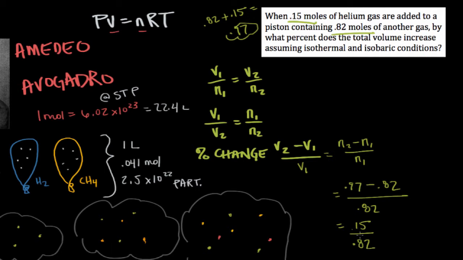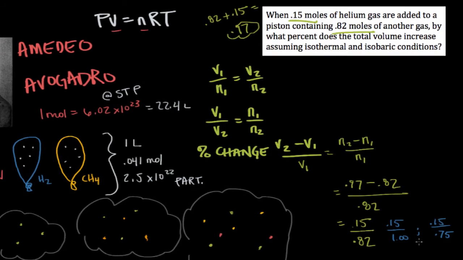But I want to take a second and think about how we could approach this with some common sense and use rounding to give us an approximate answer. So 0.15 divided by 0.82 is between 0.15 divided by 1 and 0.15 divided by 0.75.